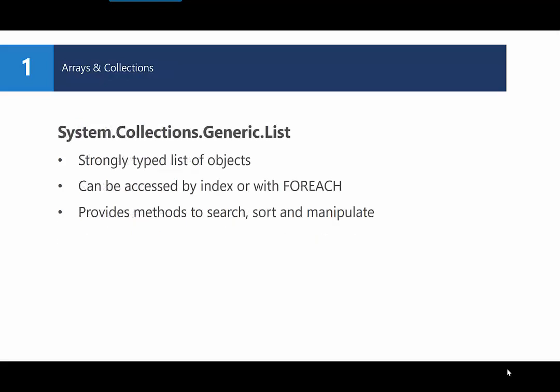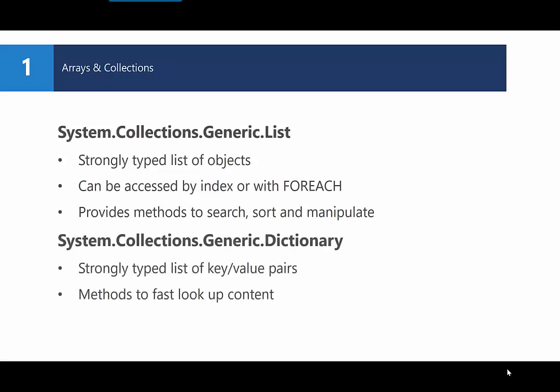The List class can be used to store a list of strongly typed objects. The elements can be accessed by using an index, or we can iterate through the elements using the foreach command. And what's more, the List class provides methods to search, sort or manipulate the stored values. The Dictionary is a class that can be used to store values together with a key. It provides methods to quickly look up the content using that key.